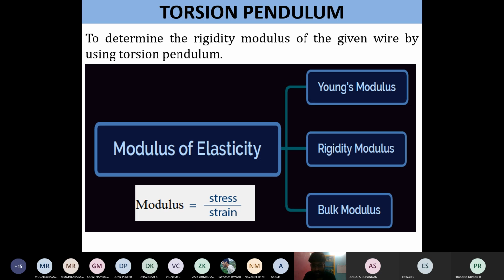So when the material regains its original position even after the removal of the external force, that is, we apply the force on the rubber band, and when we remove the force, the material comes back to its original position.